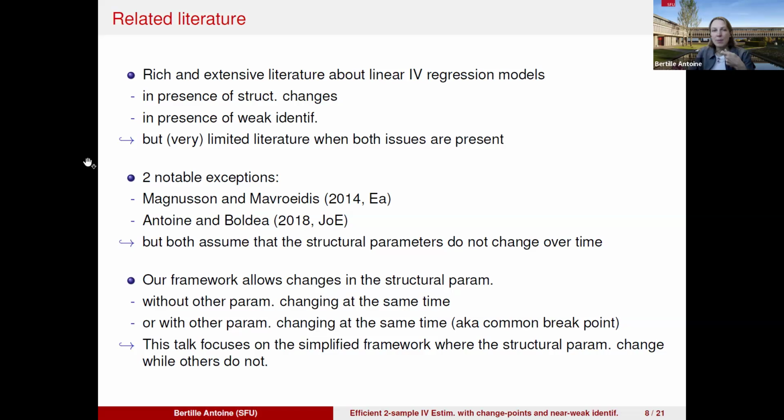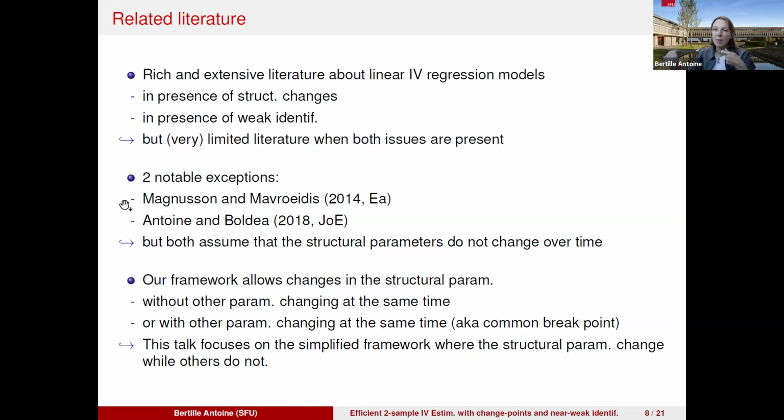But not too many papers are talking about both issues happening at the same time. Of course, there are two exceptions, one being my previous paper with Bertille, and another one a little bit earlier, published in Econometrica by Magnusson and Mavroeidis.